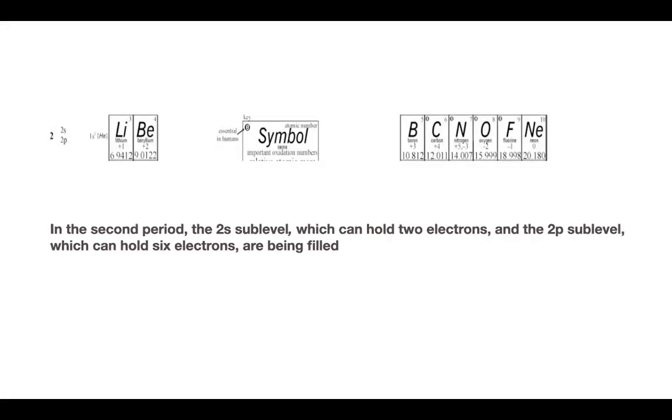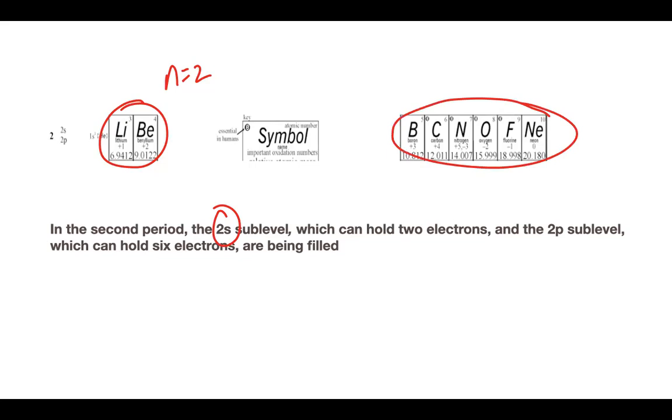For the second period, which is n equals 2, we have the 2s sublevel, which is reflected in lithium and beryllium. And we have the 2p sublevel, which can hold 6 electrons, which is why there are 6 elements in 2p. So altogether, the second period holds a total of 8 elements.